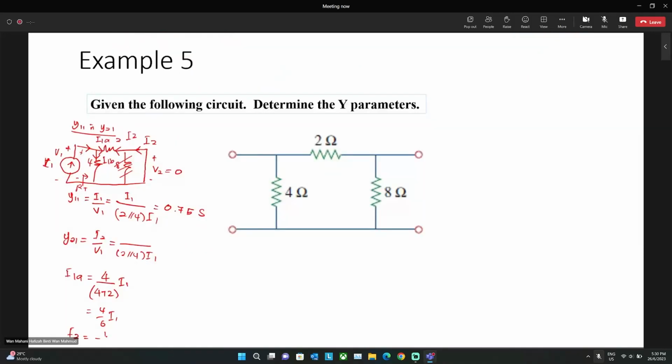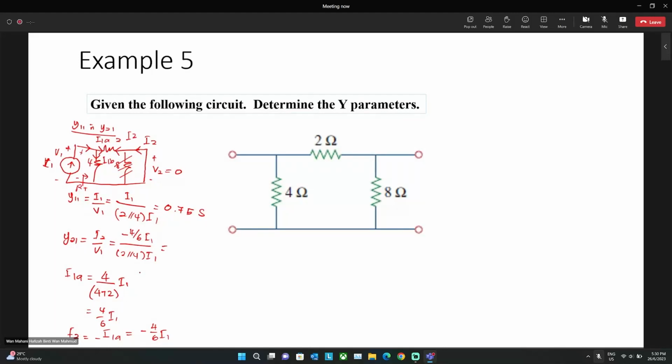I2 equals to negative I1A. So it's actually negative 4/6 I1. Okay. Masuk dalam ni, negative 4/6 I1. Yang ni, you boleh dapat nombor jugalah sebab I1 ni cancel out.